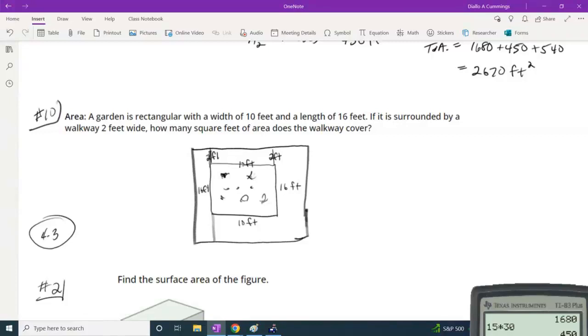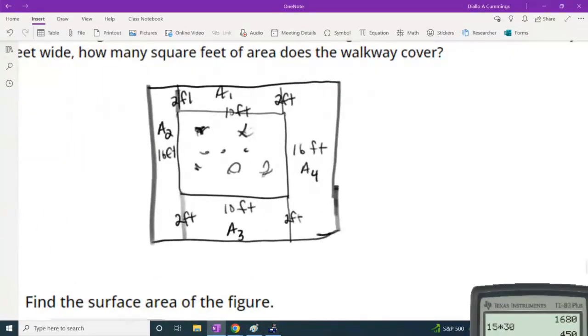And if I go down, this is 2 feet. This is 2 feet. So it's actually like I have 1, 2, 3, 4 different areas that I'm going to add up. I'm going to call this area A1, this area A2, this area A3, and this area A4. Hold that up a little bit.